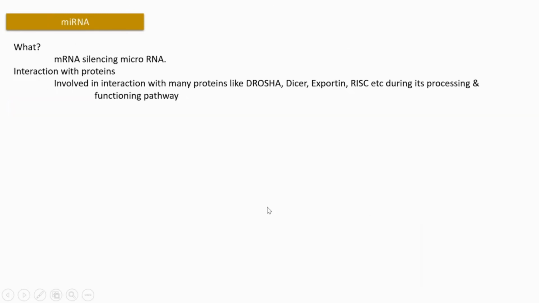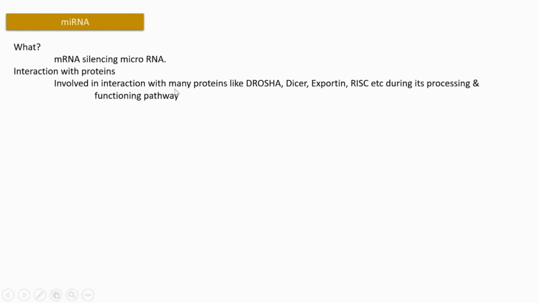Next, miRNA. Regarding the miRNA, you have learned in detail in one of our classes. Again, I am just pointing out what miRNA is. It is a type of RNA that helps to silence the mRNA or to control the expression of mRNA. During its processing, meaning the formation of miRNA, and also in its function, it interacts with so many proteins in the form of enzymes.